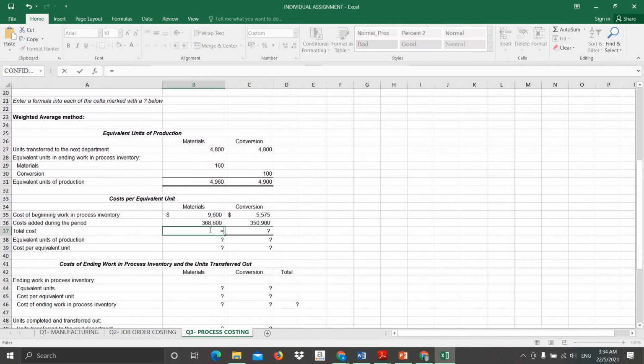For total cost, we add both cost of the beginning and cost added during the period. Okay, we can change the currency.